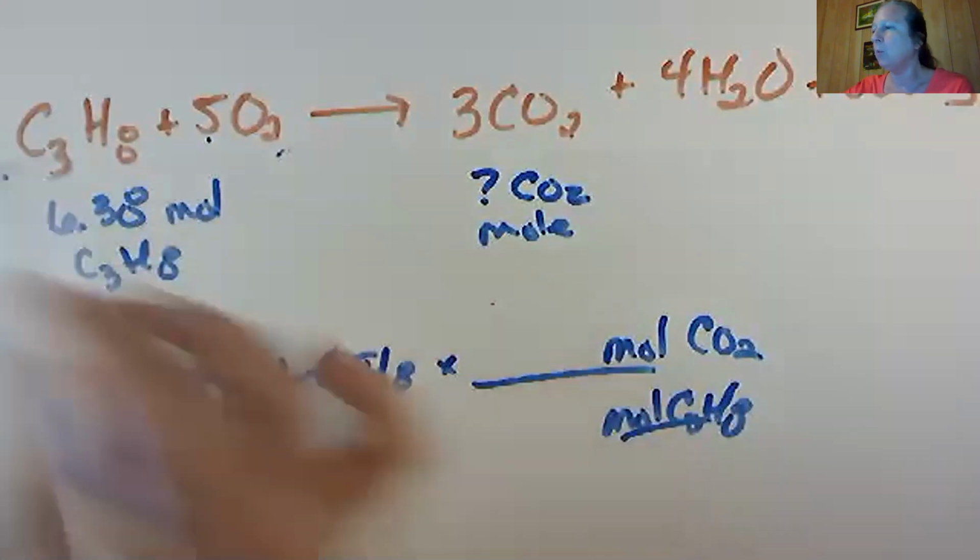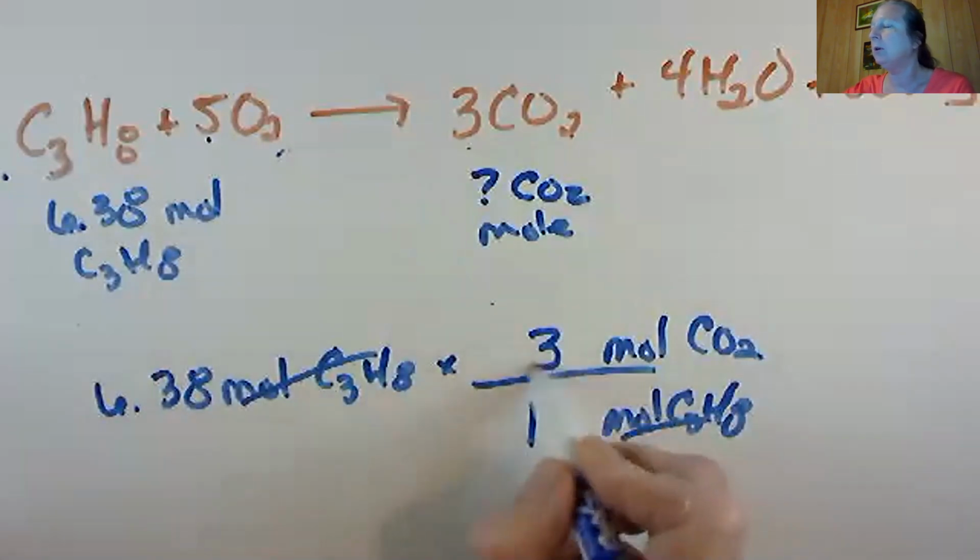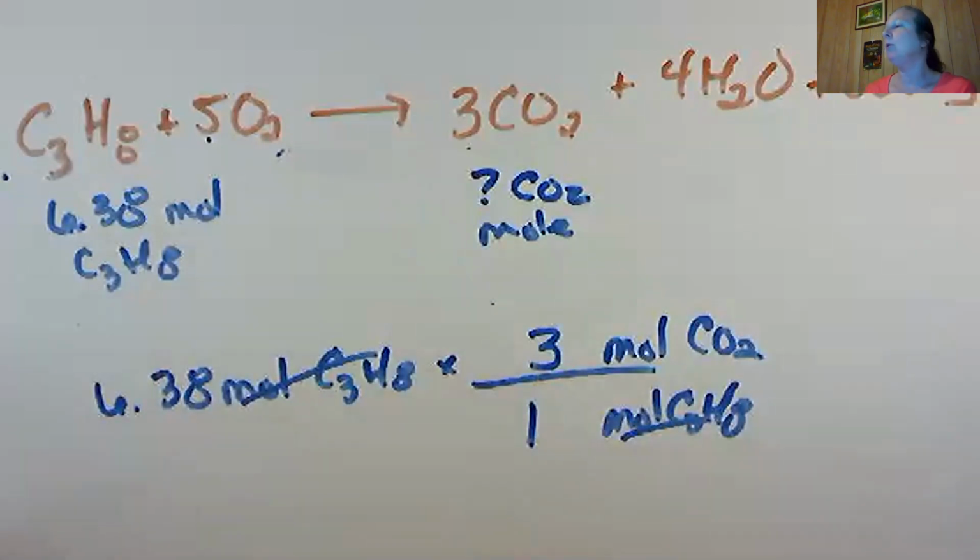Again, I have 1 mole of propane for every 3 moles of carbon dioxide, or you can say 3 moles of carbon dioxide are produced for every 1 mole propane consumed, however you want to phrase it. So you multiply 6.38 times 3, and I don't think I have that handy.